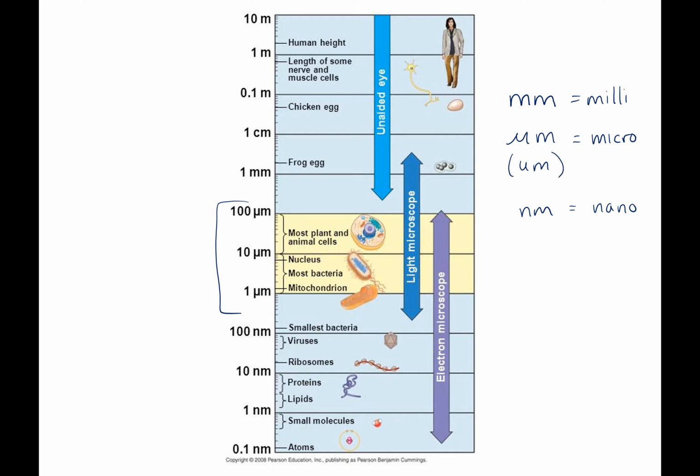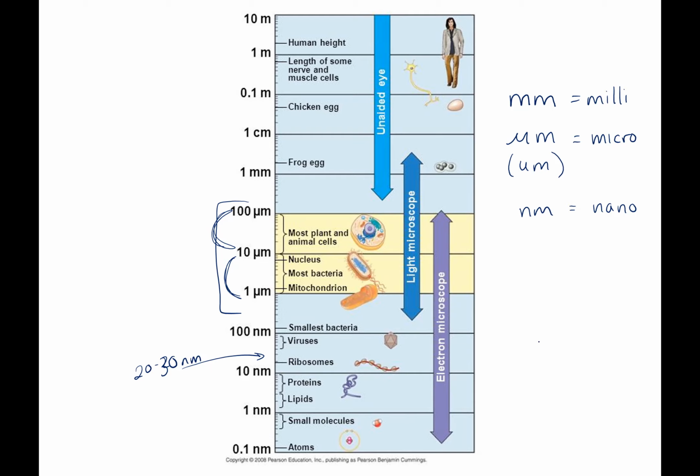So, most plant and animal cells are in the 10 to 100 micrometer size. Most bacteria are in the 1 to 10 micrometer size. Just to get a feel, ribosomes are small, down to 20 to 30 nanometers.